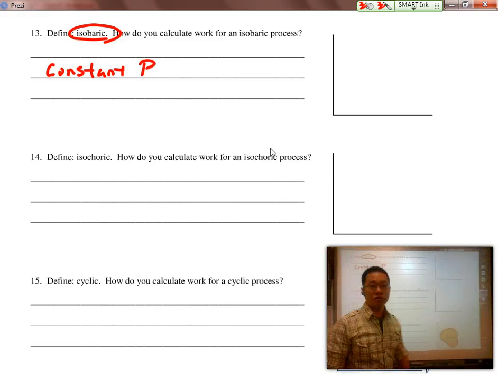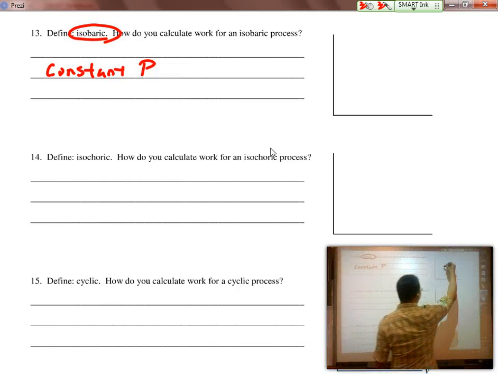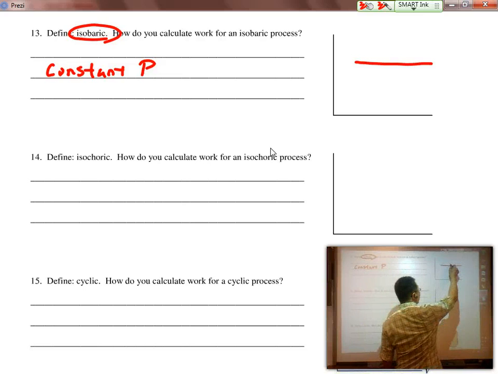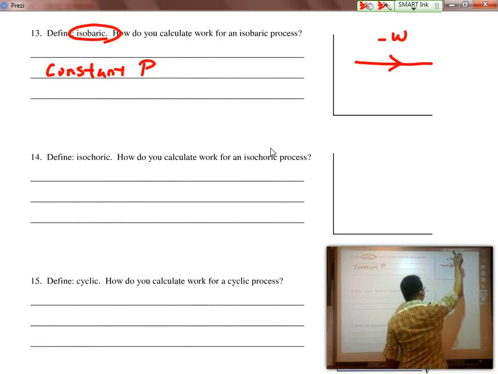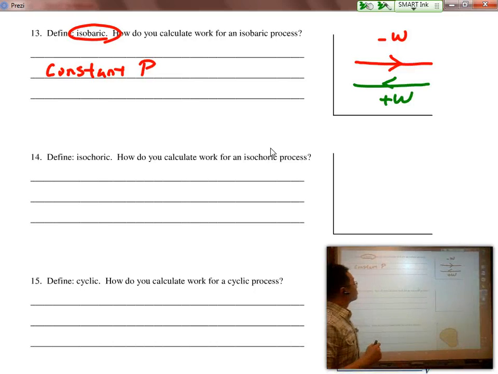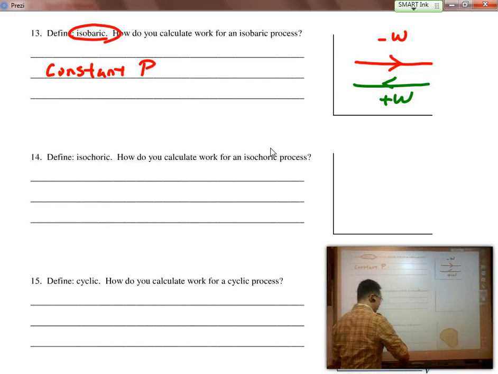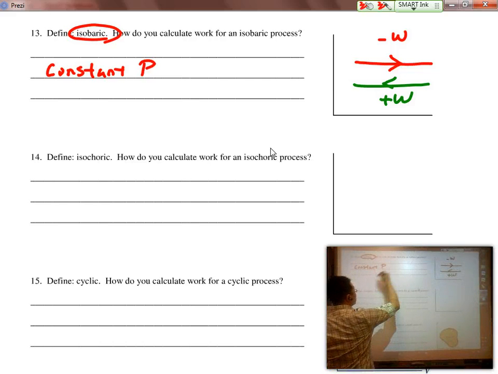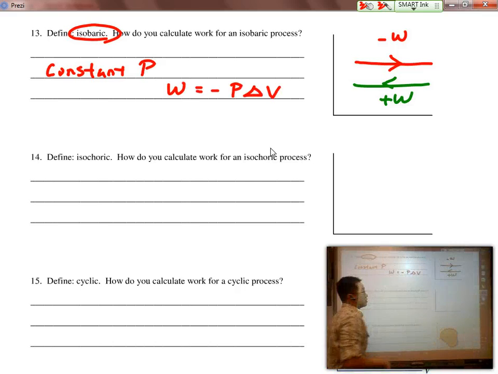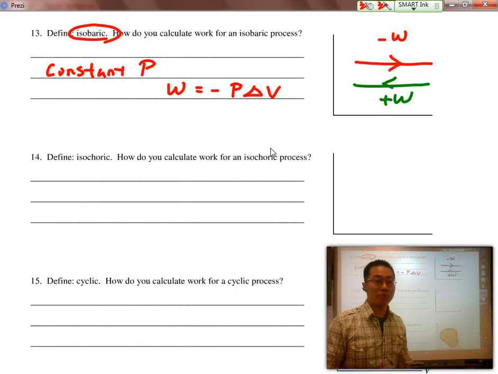There's nothing that really crosses out in this situation, but understand that it's when you have a constant pressure, whether you have a negative work or you have a positive work. And because it is constant, you are allowed to use work is equal to negative P delta V as the formula. So isobaric simply means it's going to be expanding or contracting at a constant pressure.